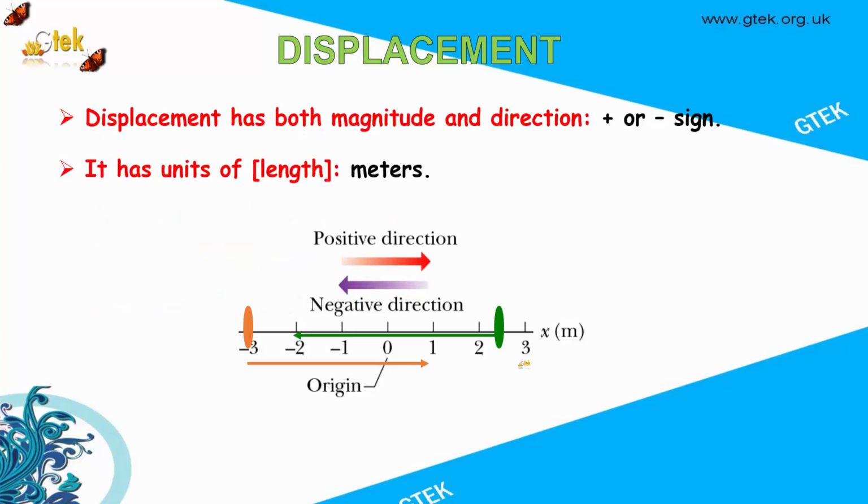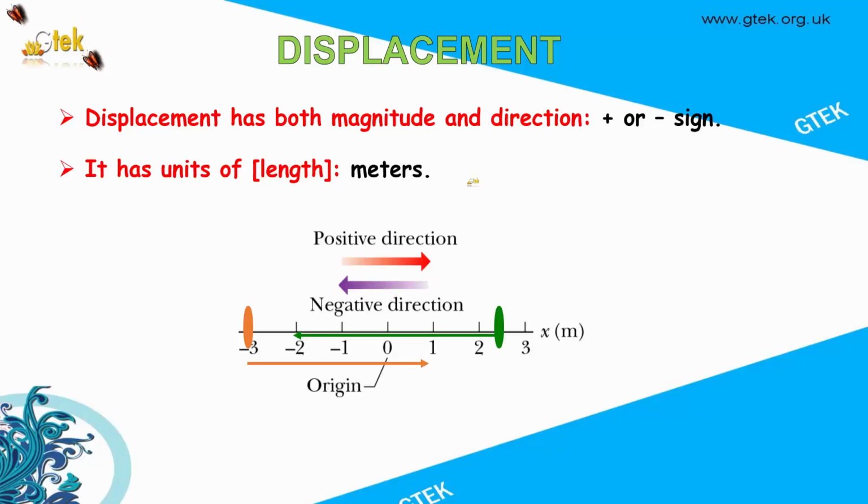Now there are a few more points in terms of displacement. Displacement has both magnitude and direction, that is, in terms of plus or minus sign as the indication. And it has a unit in terms of length, which is meters.